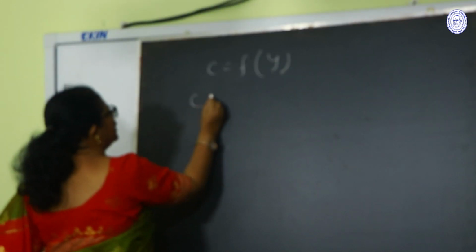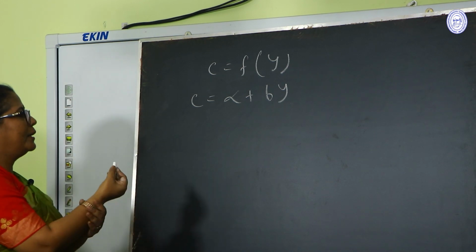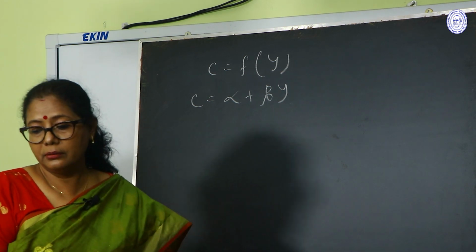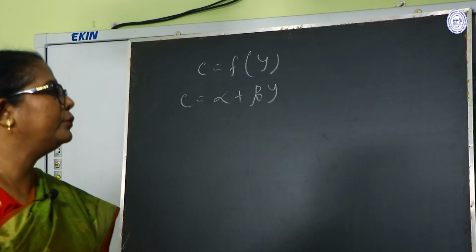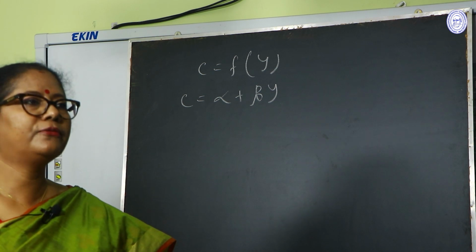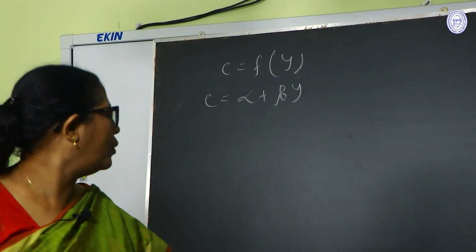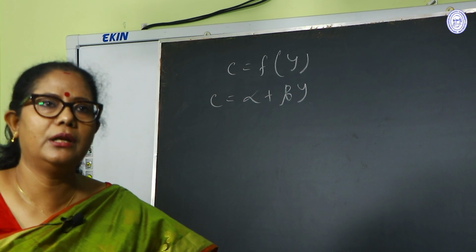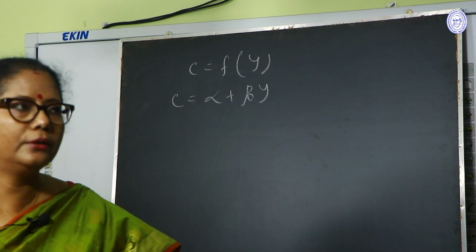So, we can write C equal to alpha plus beta Y. Now, we can have a number of observations of income and consumption, and statistically we can solve them, and then find out the values of alpha and beta, which would be unique values. That means there will be only one value of alpha and only one value of beta after solving this regression equation, and this you know from your statistics chapter of linear regression.